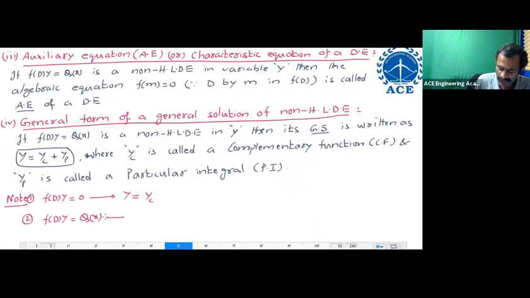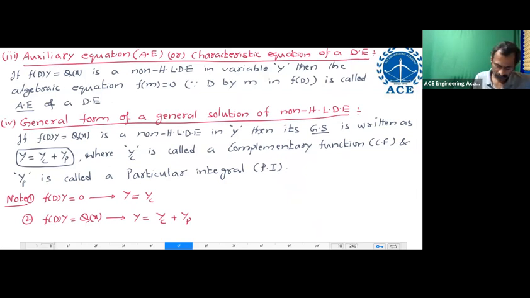For this non-homogeneous equation, the general solution will be y equal to yc plus yp only. So whenever a higher order equation is given, first you have to check whether the equation is homogeneous or not. For homogeneous, the solution will be only yc, and for non-homogeneous, yc plus yp is the general solution. Just remember this part. Okay. Now we are going to the next one.